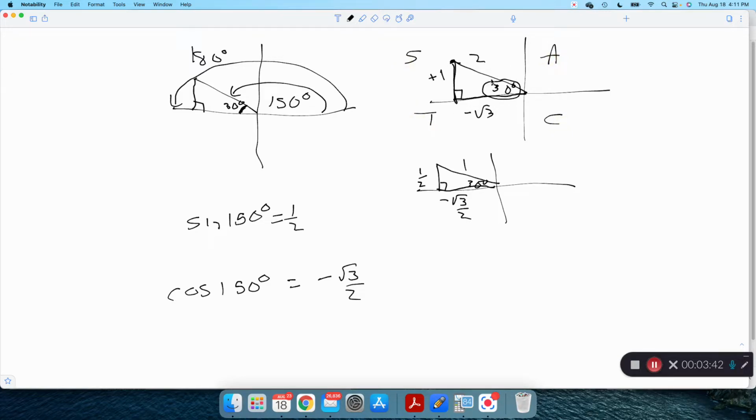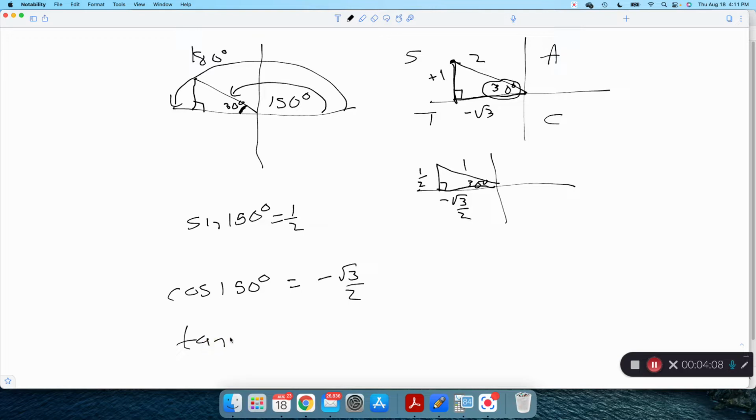I'm in quadrant 2. In quadrant 2, sine is positive, cosine and tangent are both negative. Remember, the letters tell you who's positive in that quadrant of the big three of sine, cosine, and tangent. All three are positive. Only sine, only tangent, only cosine.